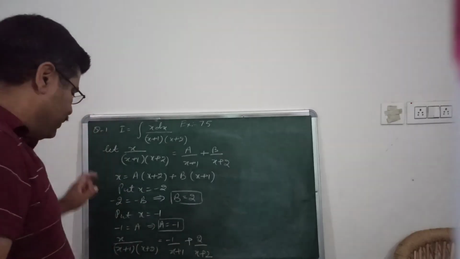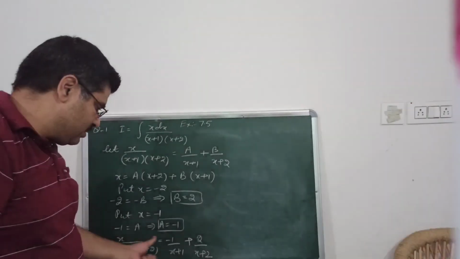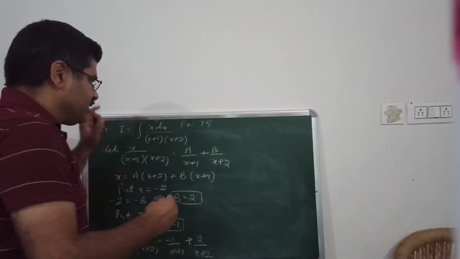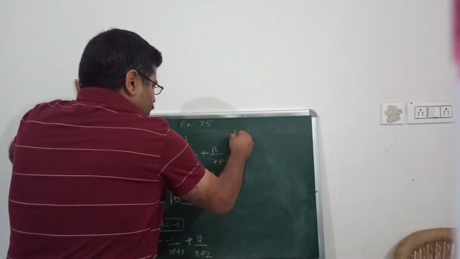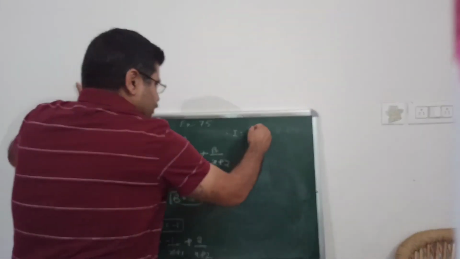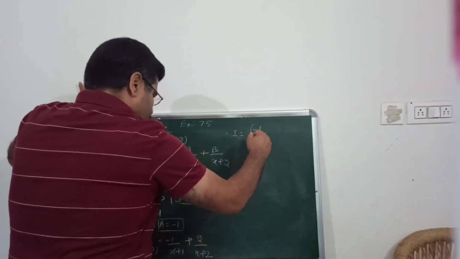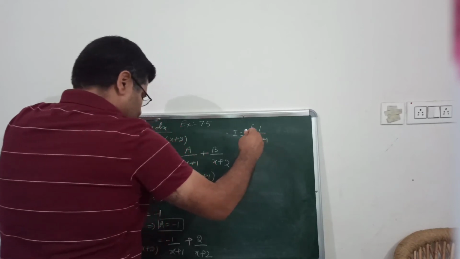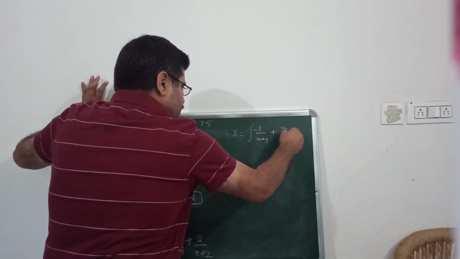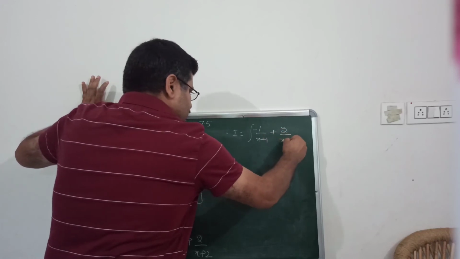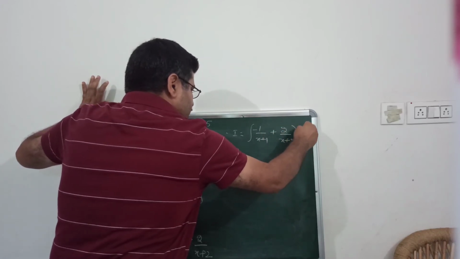Now in place of this function we will substitute this here. Therefore I will become equal to the integral of minus 1 upon x plus 1 plus 2 upon x plus 2, whole dx.